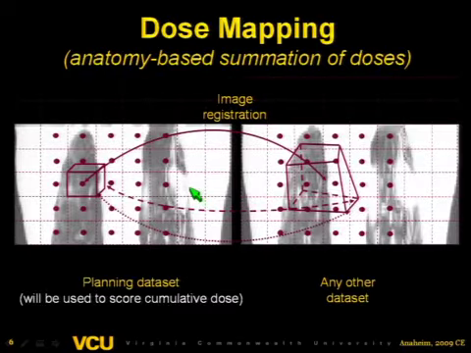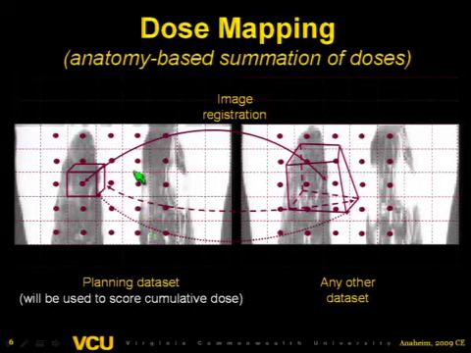The term that is usually used in conjunction with 4D treatment planning is dose mapping. And to describe what this means, I will use this little cartoon here. Shown here are two data sets, of which one is called the planning data set and will be used to score these cumulative doses.